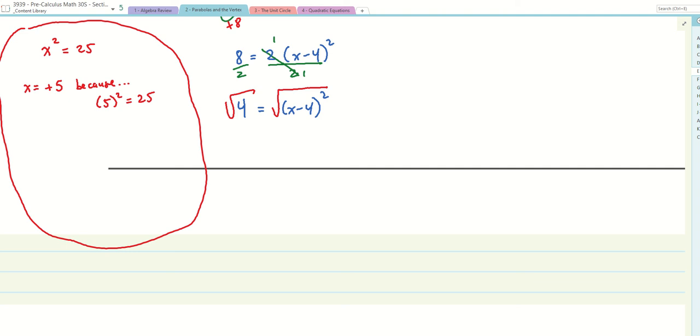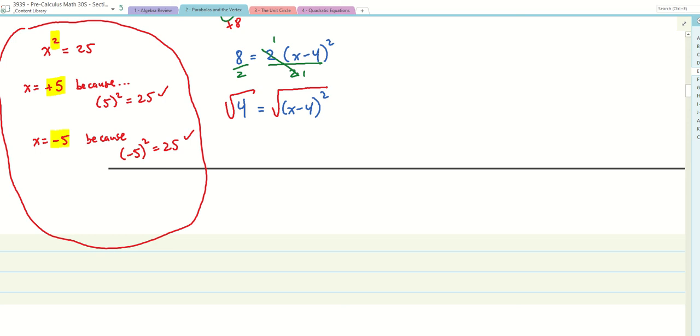So that works. But x could also be negative 5, because if we were to plug that into the equation, we'd have negative 5 squared also equals 25, because if you square a negative, you get positive. So there's actually 2 solutions to this equation. Okay? So in a quadratic equation, that is, when that's squared, you can kind of expect 2 solutions.